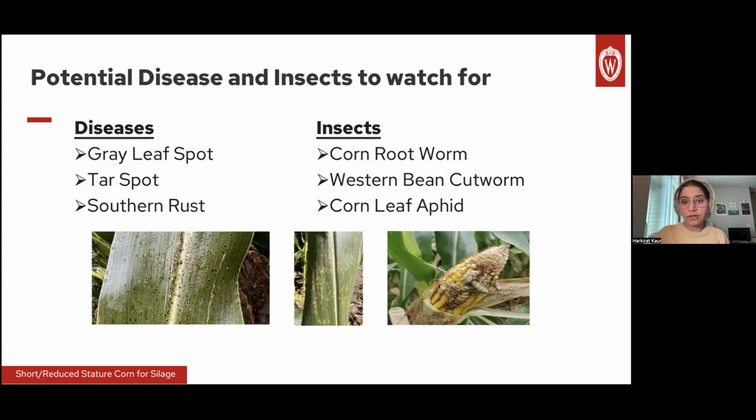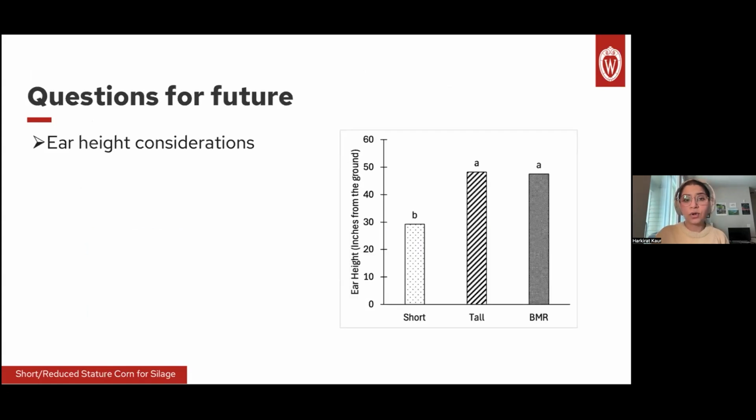Going forward, we are also trying to highlight the questions that are required for further testing the suitability of short corn for silage in our systems. The number one concern that we are hearing from the growers who have tried putting some short corn in their fields is that their current machinery is not able to pick up the entire thing from the ground because the ear height is quite close to the ground.